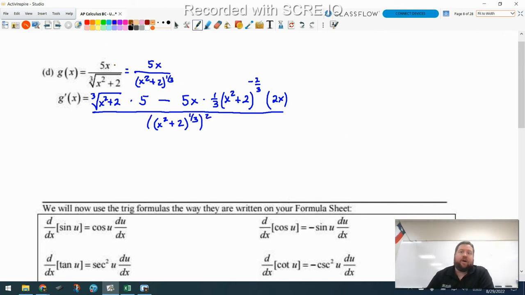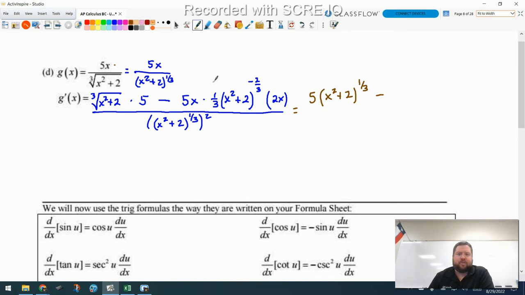All right, now we have some simplifying to do. Namely, this negative exponent is a problem. Okay, so I'm going to rewrite this radical I wrote here as an exponent as the 1/3 power. It'll be helpful later. And I'm going to move the 5 to the front. So 5 parentheses x squared plus 2 to the 1/3 power. Okay, so this term, we're going to change it quite a bit. So I'm going to put the negative exponent on the bottom with 3.